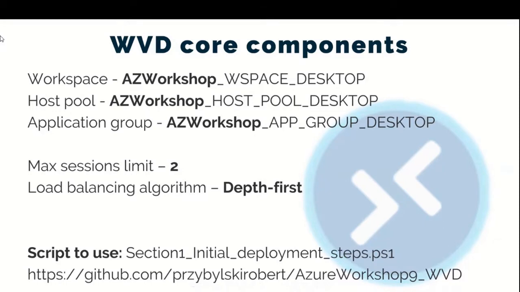There is one thing that we need to do. Please go to this GitHub repo. I will put this URL in the chat, and then download this particular file, which is section 1, initial deployment steps. So let me just type the URL in the chat.